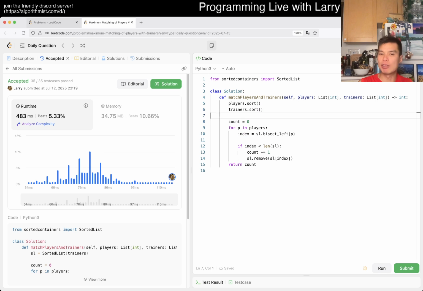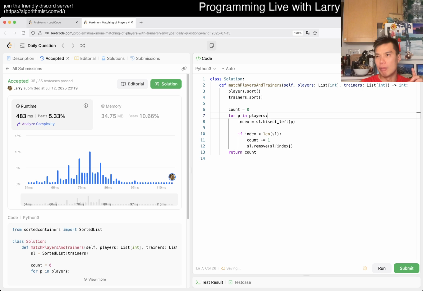And the reason the 2 pointers works is that because we sort both of them, then the trainers will only increment, or like it'll be strictly to the right? And because it's strictly to the right, you can discard numbers that are smaller than the current P, because no numbers in P is going to be smaller than that number, right?